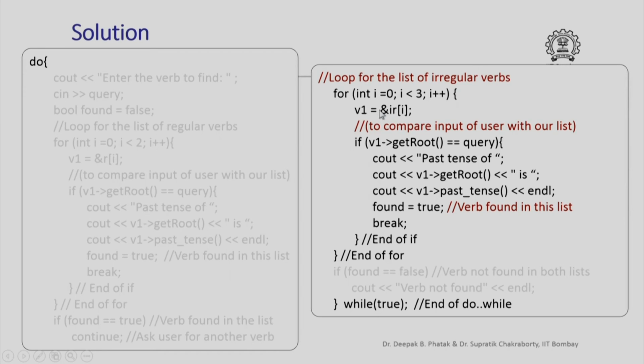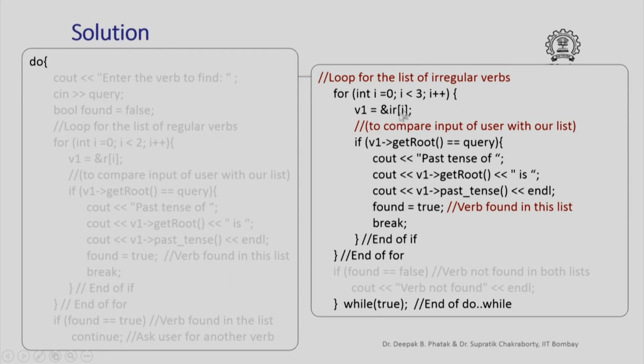This is really an address of an irregular verb, but because the irregular class is derived from the base verb class, an object of the irregular class can also be thought of as an object of the base verb class, and therefore an address of an object of that irregular class can be thought of as an address of an object of the base verb class.